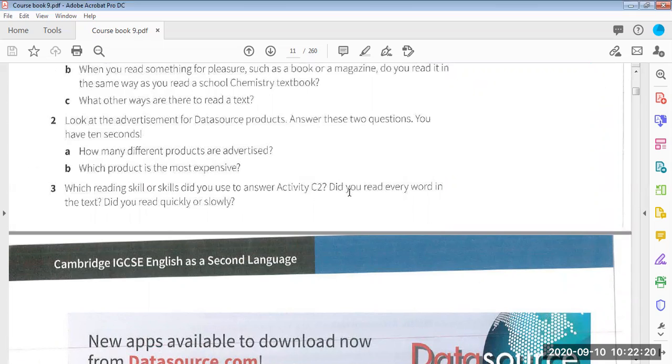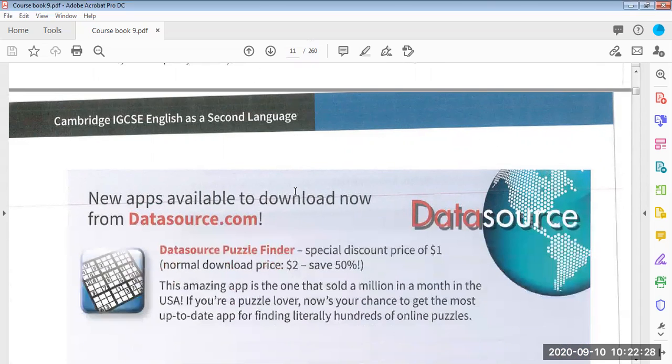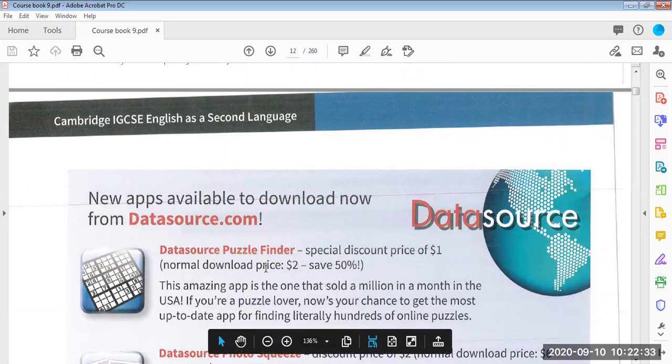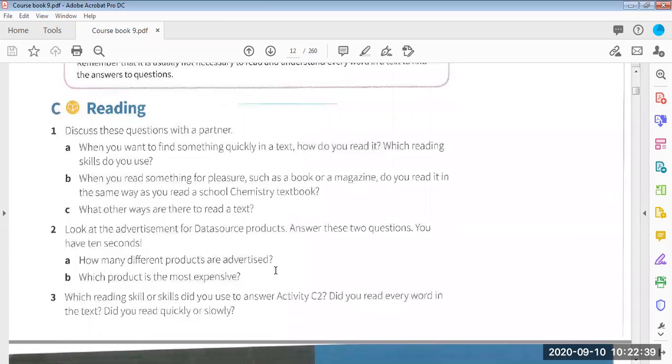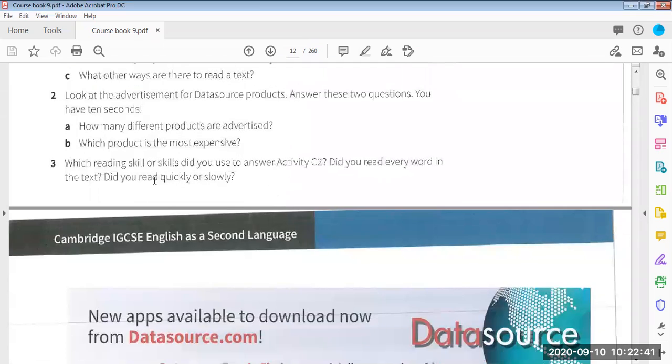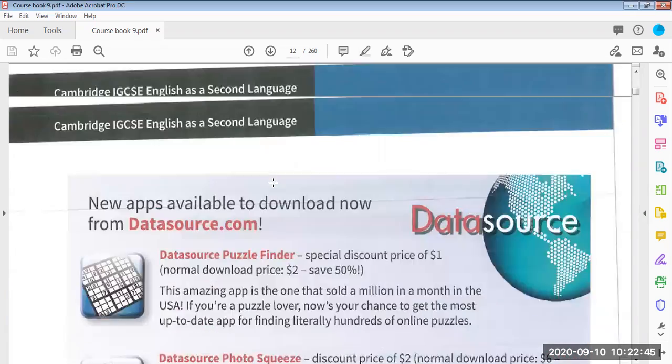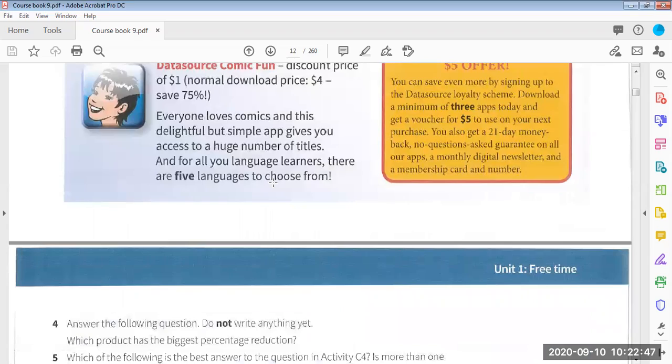And then, did you read every word in the text? No, I never read every word. I just looked at the price. I just went for the word price. I found all the words price and then I chose the highest price. And did you read quickly or slowly? Yes, I read the text quickly.